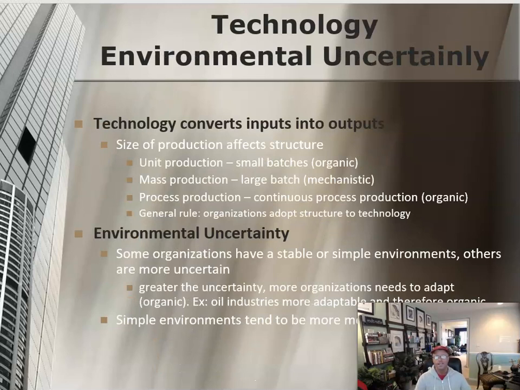Technology. Technology is the conversion. It's conversion of inputs to outputs. The better you can convert an input to an output, the better chance you have of making money, of making profits. A good example is McDonald's.